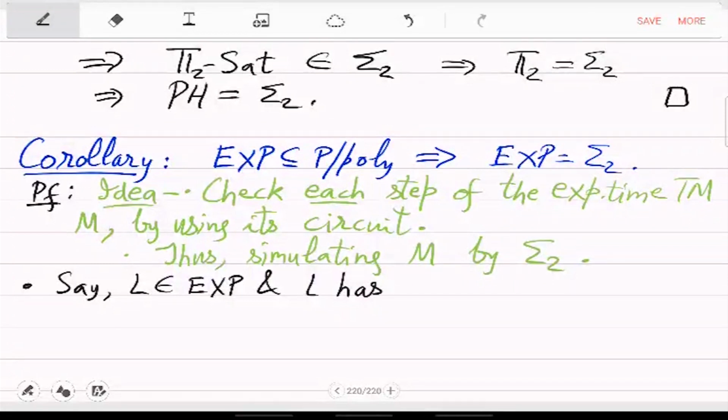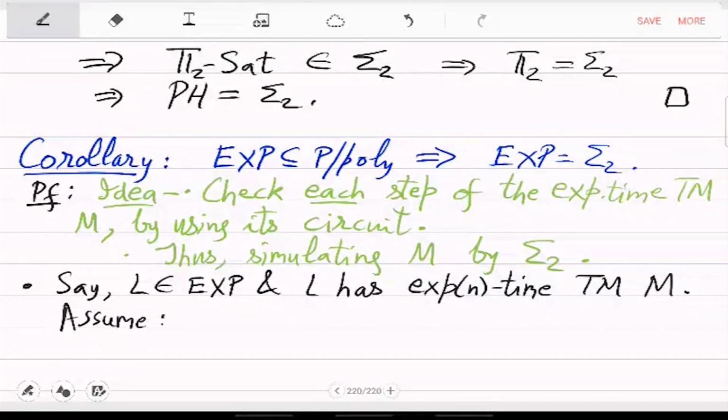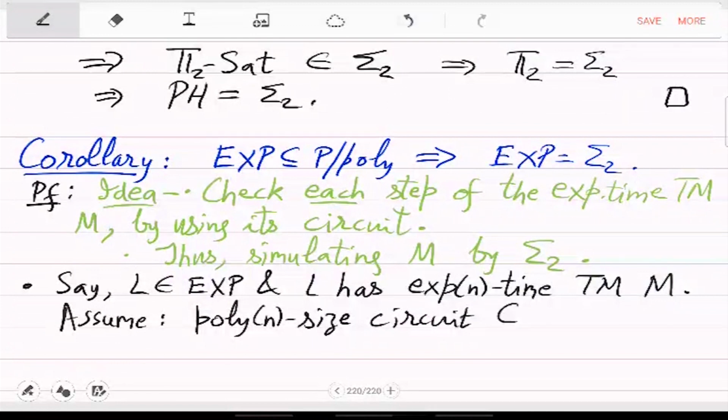L has first an exponential time Turing machine, M. Assume that it has a circuit also, a poly n size circuit Cn.